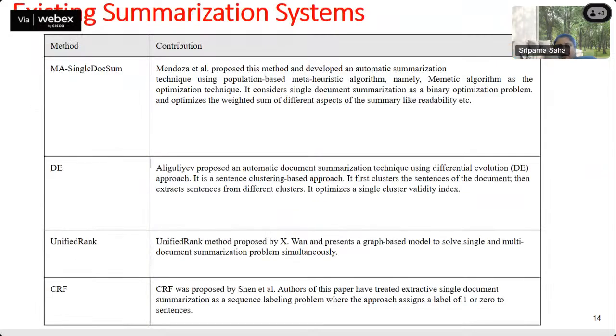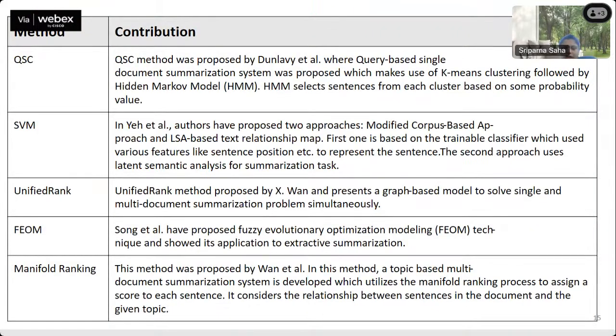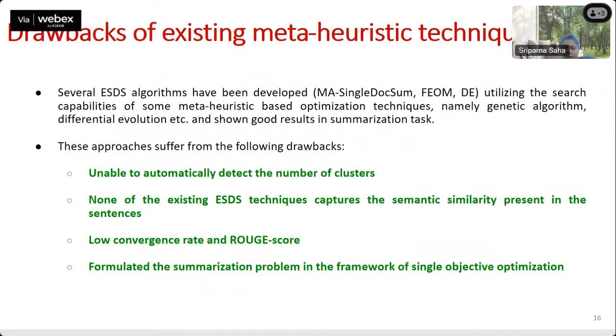So we have done a thorough literature survey and we identified that most of the works are based on single objective optimization. They were simply optimizing a single objective function for solving the clustering problem.